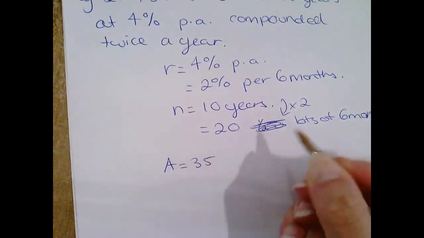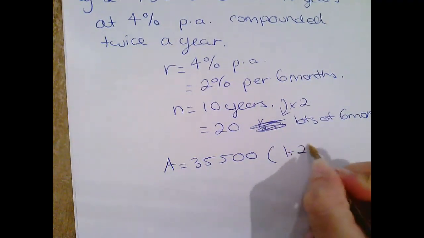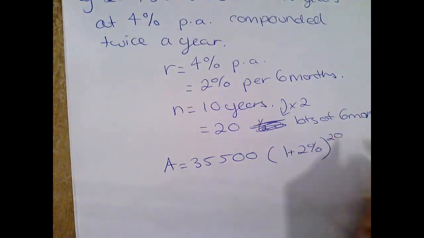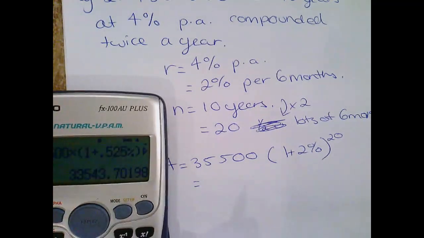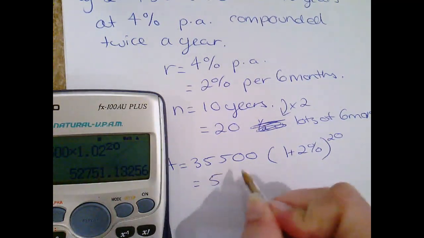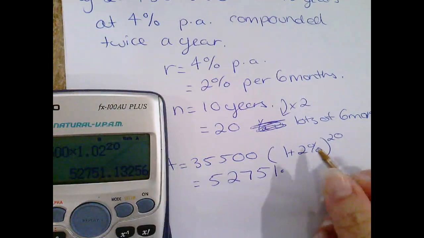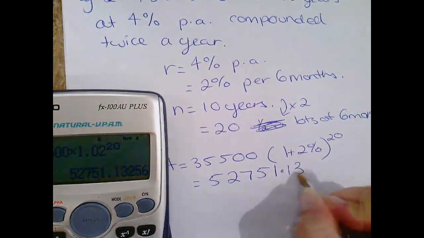So 35,500, 1 plus 2% to the power of 20. Okay, and then using the calculator, we get 52,751.13.